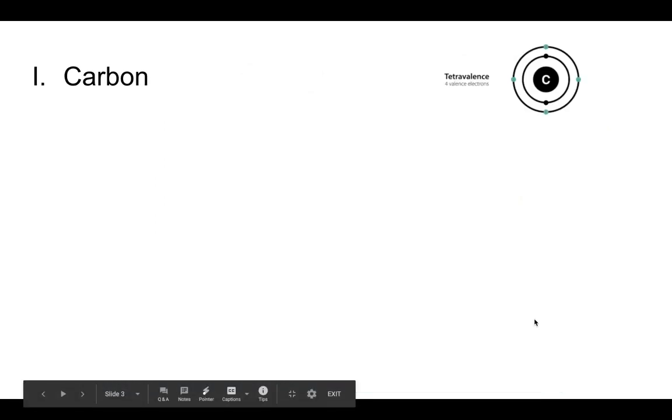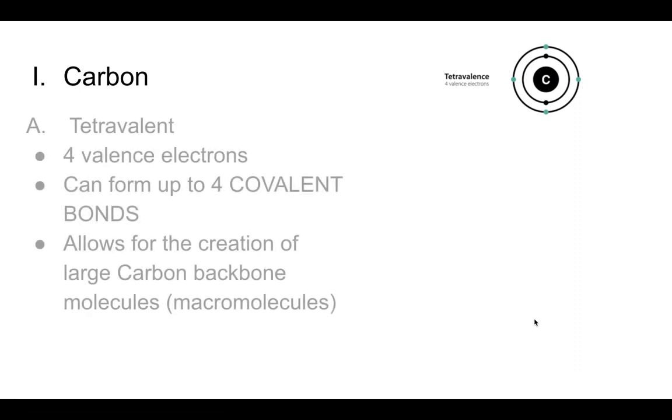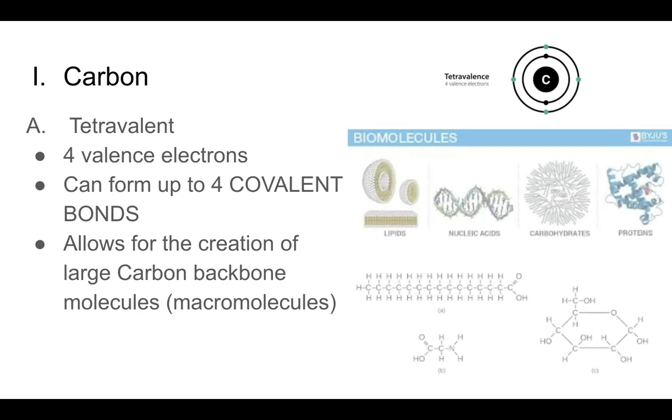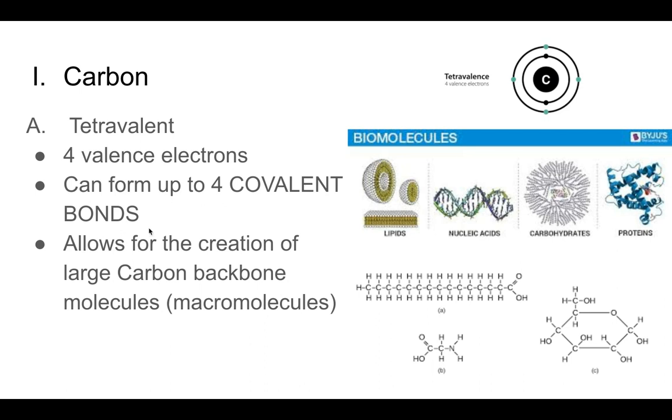We're going to talk specifically about carbon today, and we'll start first with the idea that carbon is tetravalent. Here's a nice little picture of something that is tetravalent. It has four valence electrons, which means it can form up to four covalent bonds. Tetra as a prefix means four. That allows carbon to create some really big, complex molecules that we will call macromolecules.